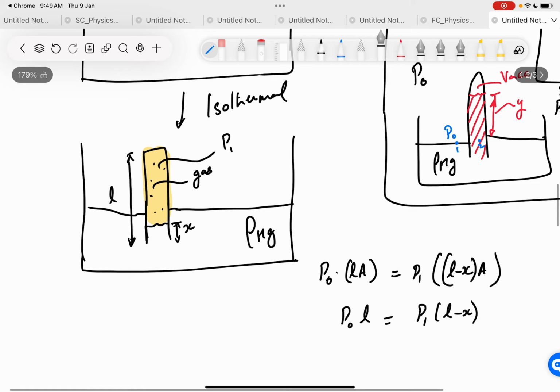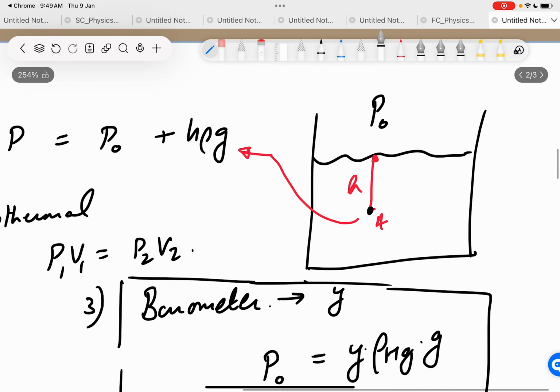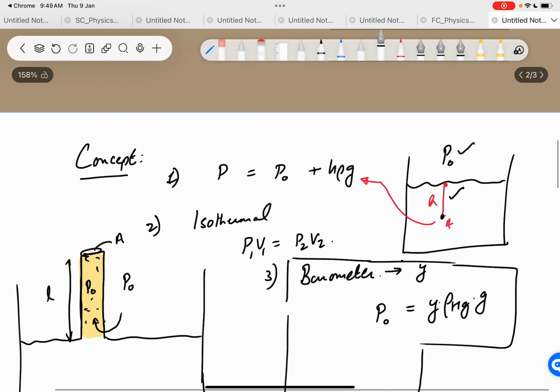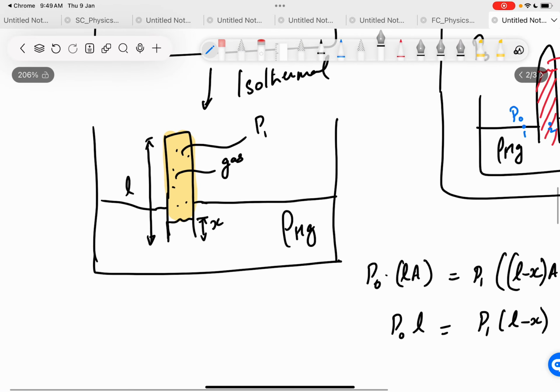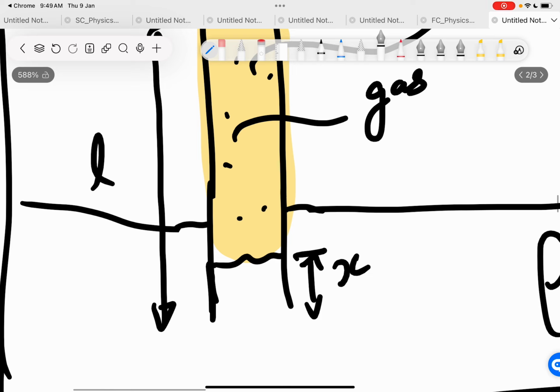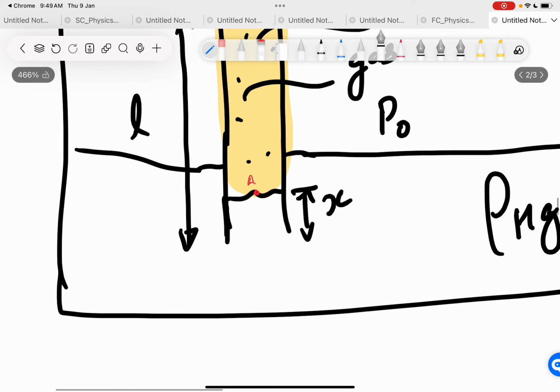But what is P1? We'll go back and state that the pressure at A point can be found out by P naught plus H rho G value, right? So the pressure at this particular point over here, this A point, let us call this A. Can we say that that pressure is nothing but P naught, the pressure over here, plus this much of height into rho into G?